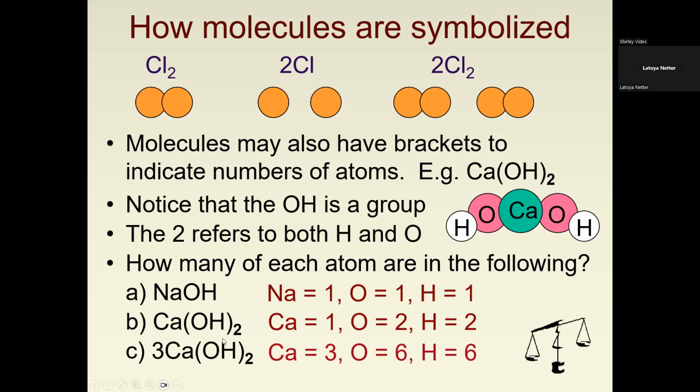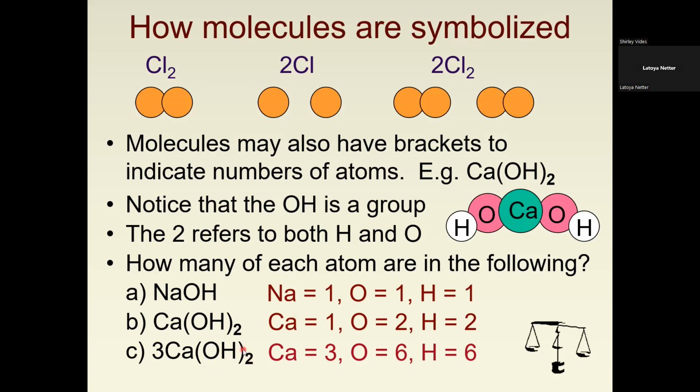This 2 right here is just multiplying what's in the parentheses. And that's what you gotta learn to look at, because otherwise you'll never balance anything correctly. This 2 is multiplying that, yes, but this 3 is multiplying all of it. So that basically is telling me that there are 6 OHs. You see that?